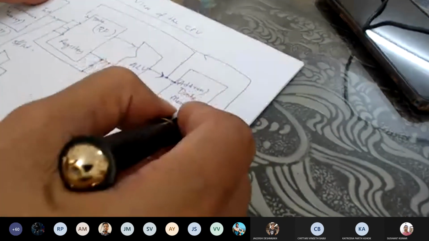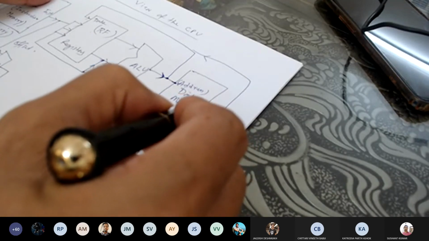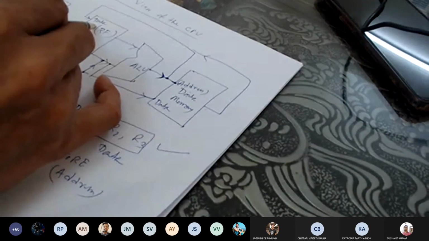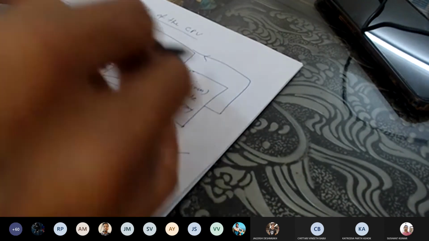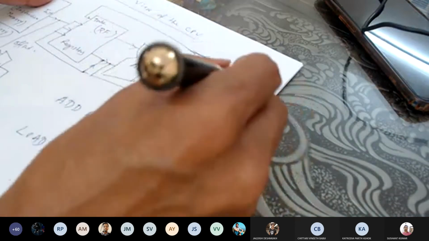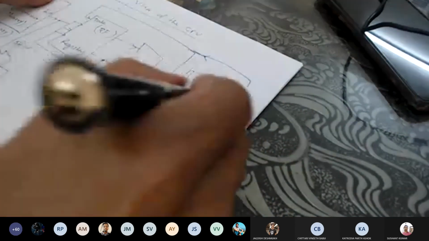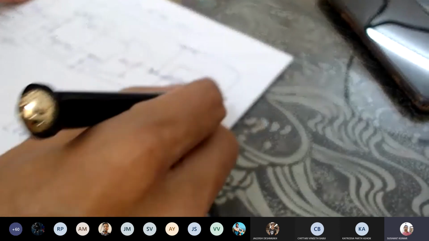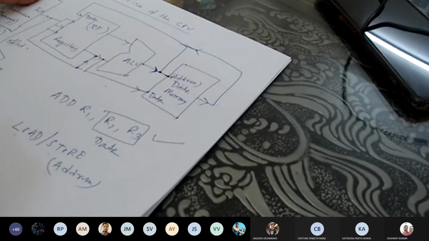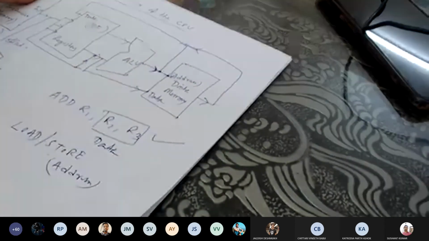And finally, the value which is coming from the memory goes to the register. And this happens. Why is this line required? Can someone tell me why this line is required? Write back. Yes, write back. It's not write back, basically. Write back is not this stage. Write back, I have already written it here.